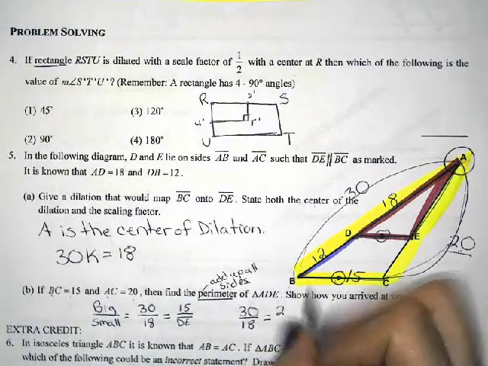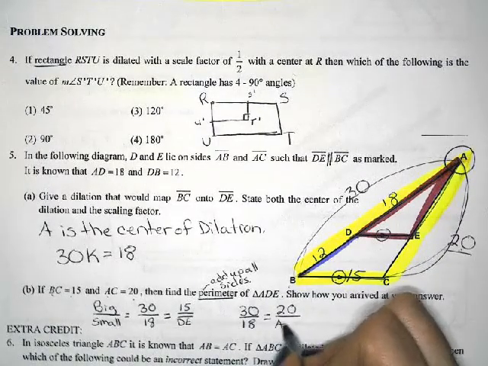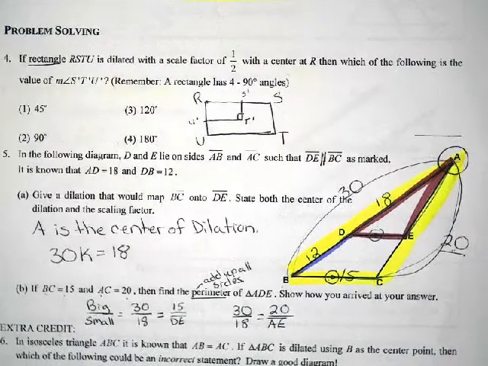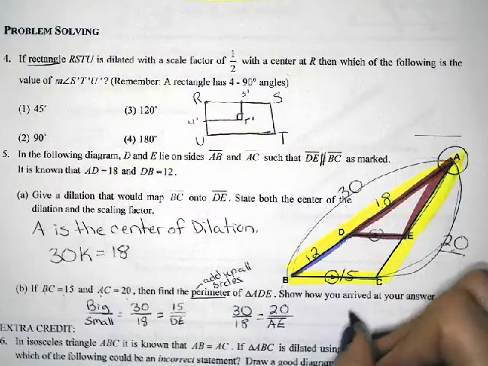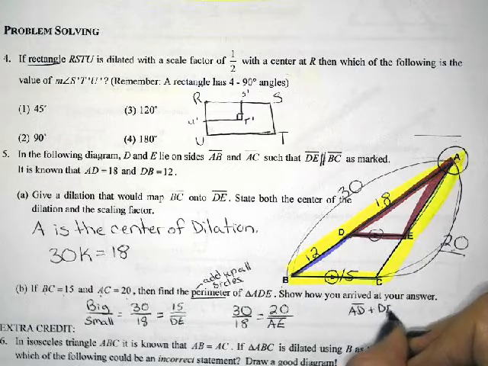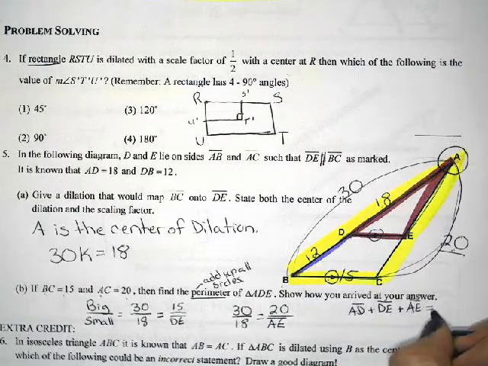So 20 over AE. Cross multiply, divide. Okay, now remember, you're trying to figure out the perimeter of triangle ADE. So that means you need to take side AD, add to it side DE, add to that side AE to get your answer.